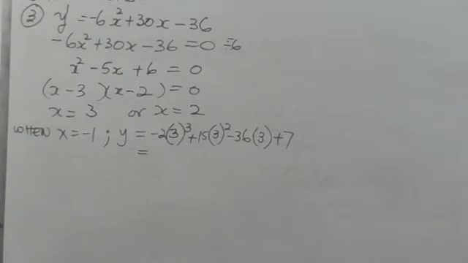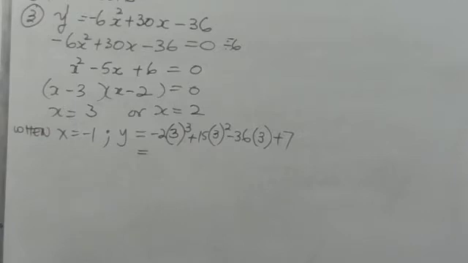Minus 2 times 3 cubed plus 15 times 3 squared minus 36 times 3 plus 7 is equal to... something's gone wrong, let's double check this now.